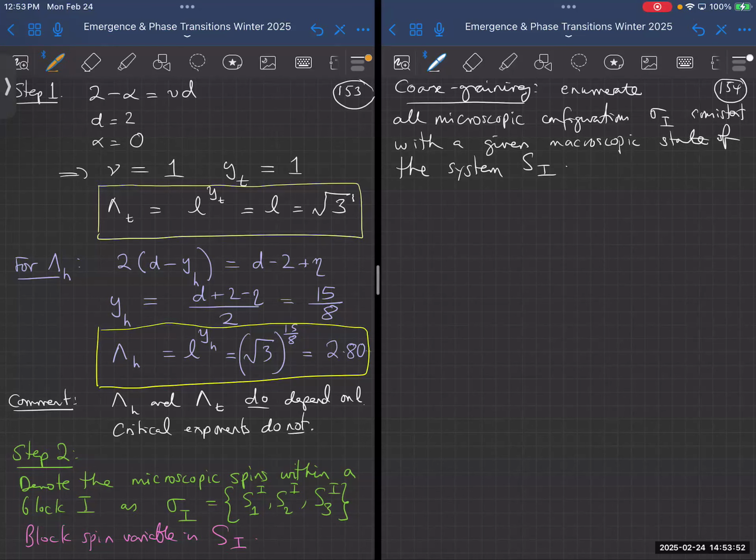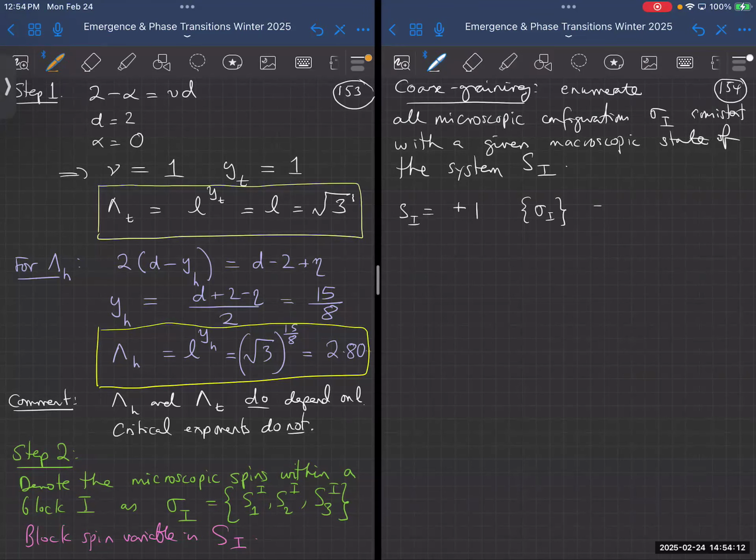So let's take, for example, the state S I is +1. Okay, so let's enumerate all the possible vectors that we could have for sigma.